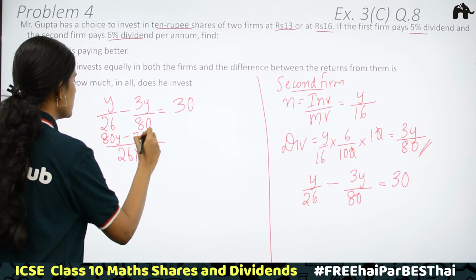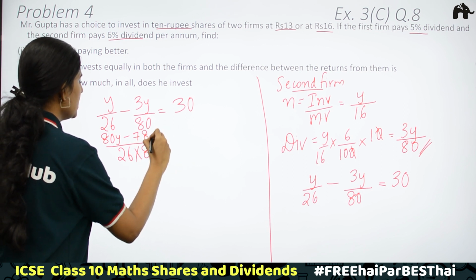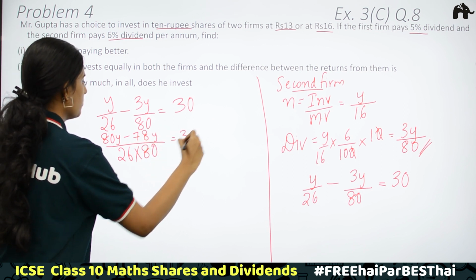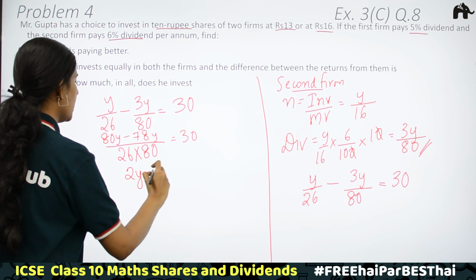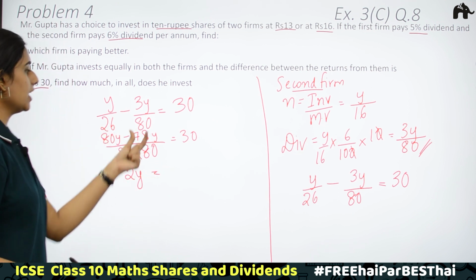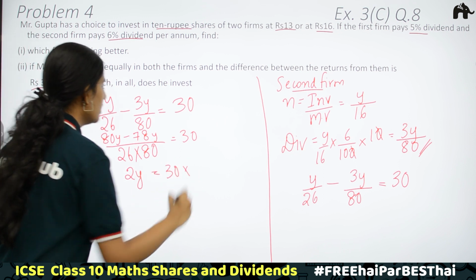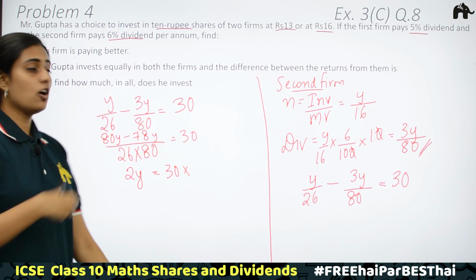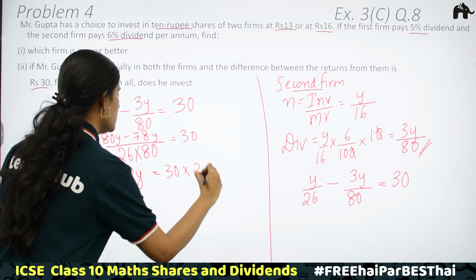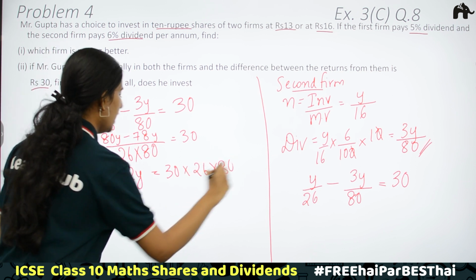You will get 78Y is equal to 30. 2Y is equal to 80Y minus 78Y is equal to 30 into, taking this to the numerator on the opposite side, 26 into 80.